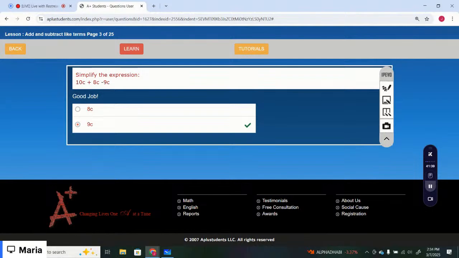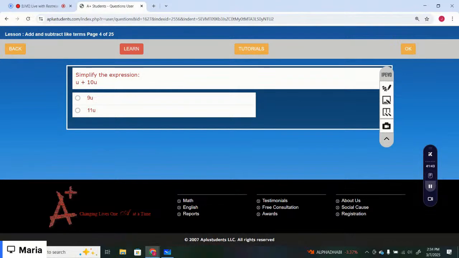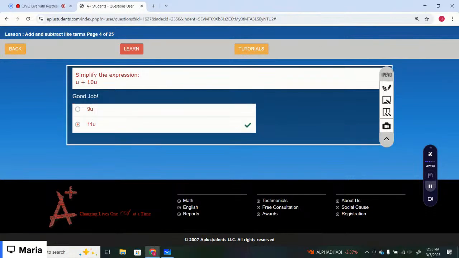Option number 2 is the correct option. 10u plus u equals 11u. Option number 2 is the correct option.